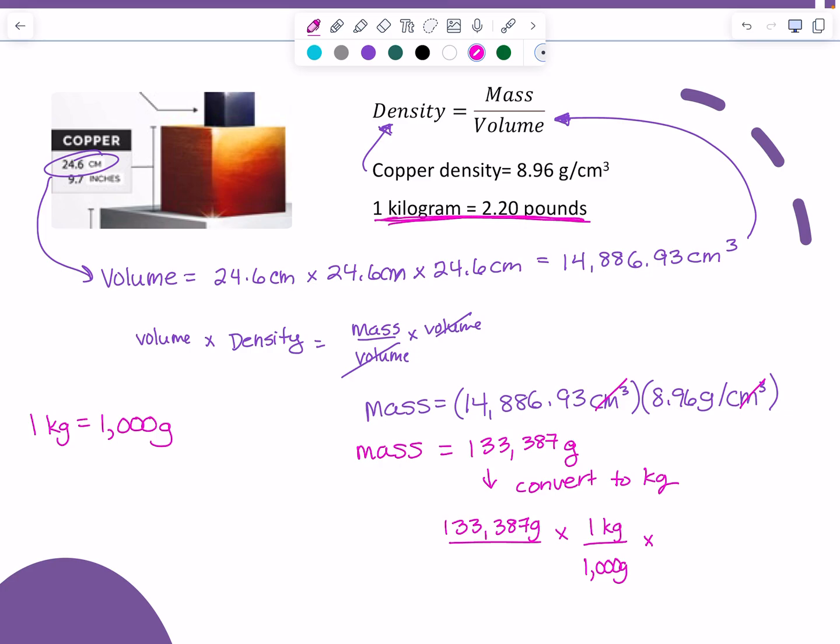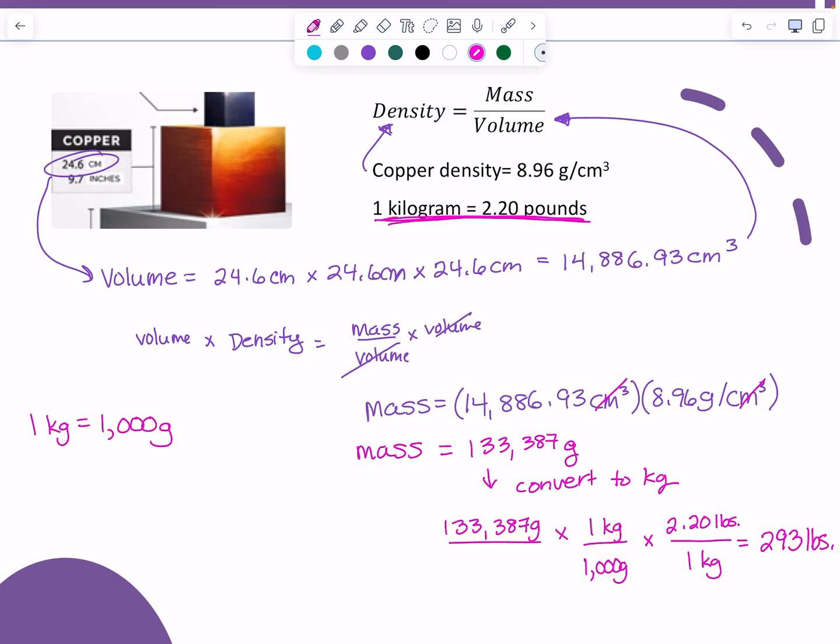We want to wind up with pounds, so the pounds and its number stay up top, and LBS is the abbreviation for pounds, and 1 kilogram there. And that number in the end winds up being 293 pounds, okay? So you can get 293 pounds of copper for $1,000, or at least as of the time that this infographic was made, okay?